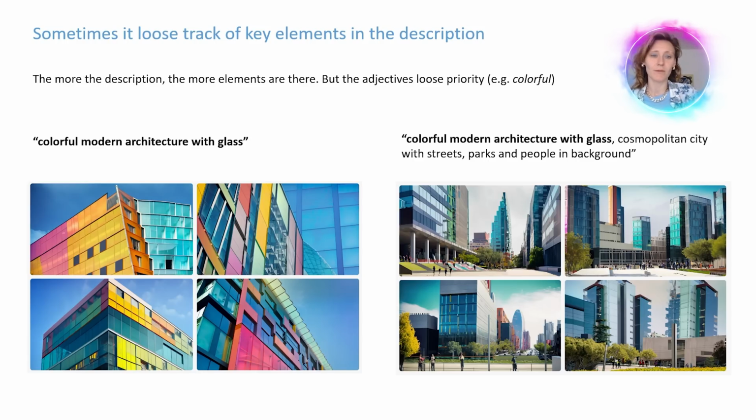This is an issue. Not sure, maybe it's not really an issue, but there is a criteria behind this. So if you notice that at some point you're going to lose some attributes in your photos, maybe you have to reduce the sentence and make it more focused on what you want exactly.